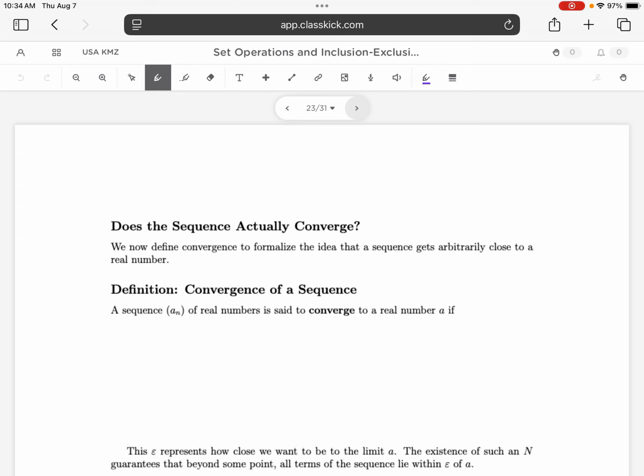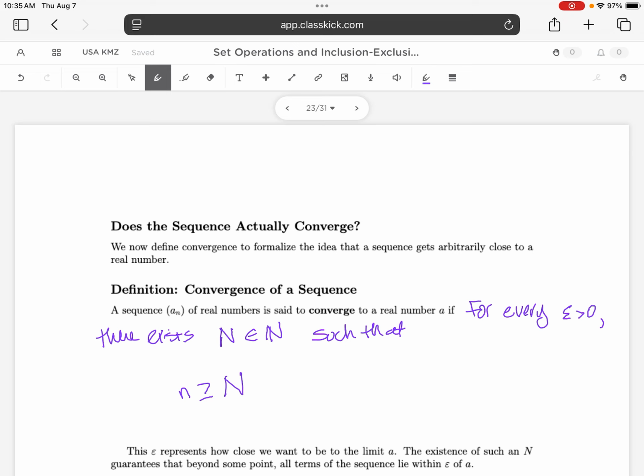The way that we define this is we say that a sequence of real numbers, a sub n, converges to a real number a if for every epsilon greater than 0, there exists a natural number, we'll call it capital N, in the set of natural numbers, such that whenever little n is greater than or equal to capital N, we have that the absolute value of a_n minus a, in other words, the distance between the number we're approximating and that a sub n, is less than epsilon.